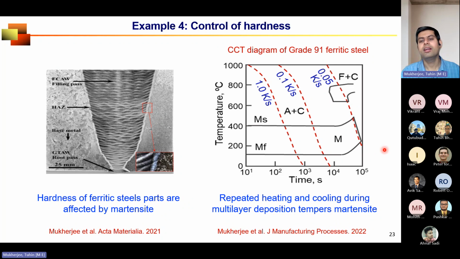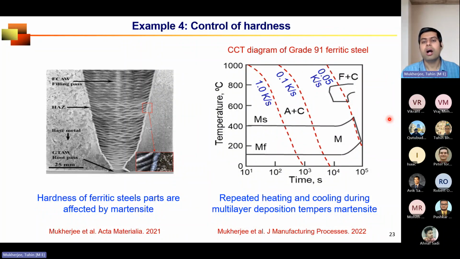That means it's an in situ heat treatment of martensite, and that is a very well-known phenomenon. If you study material science, some of that martensite will become tempered martensite, and in this material the tempered martensite is nothing but vanadium and chromium carbides.